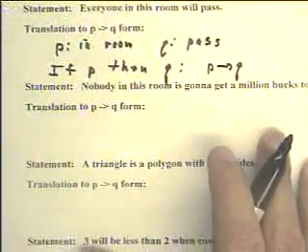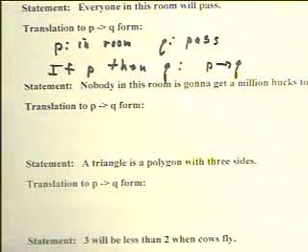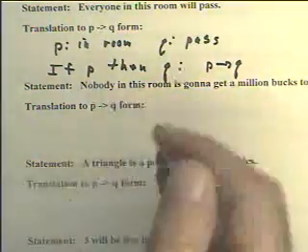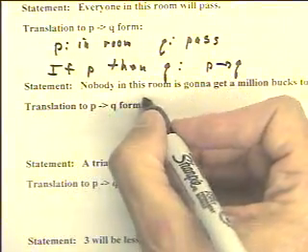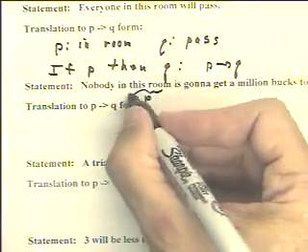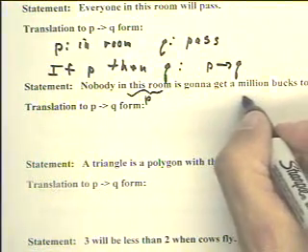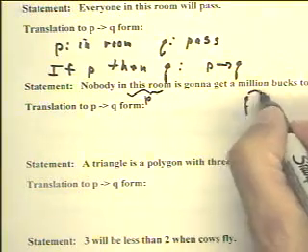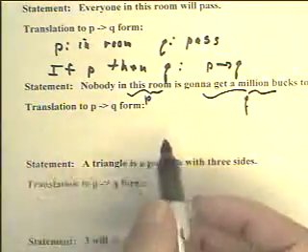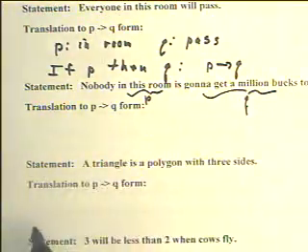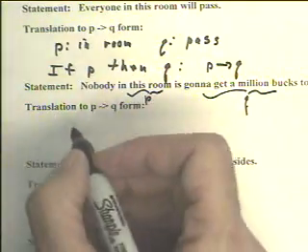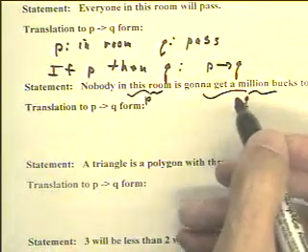Okay, second statement, nobody in this room is going to get $1 million today. What's that say? Well, let P stand for you're in this room, and Q stand for going to get $1 million. Now to say nobody in this room is going to get $1 million says what? It says if you're in the room, you ain't going to get that $1 million, right?